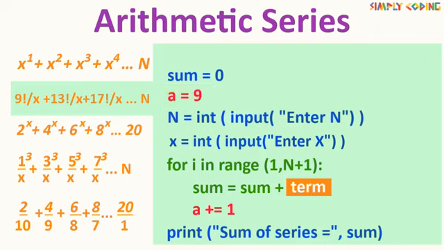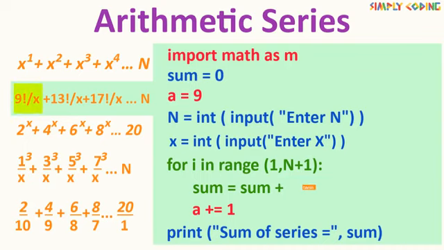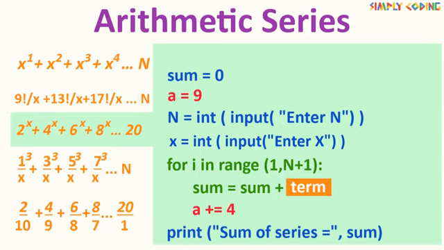In our for loop, we need to find the factorial of a as our term. So we will import the math library and use math.factorial(a) to form each term of the series. We will then do a += 4 to get it ready for next value of a. This gives us the program for this series. Let's solve the next one.